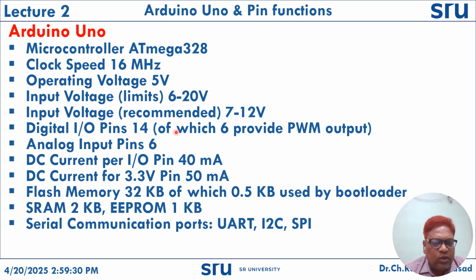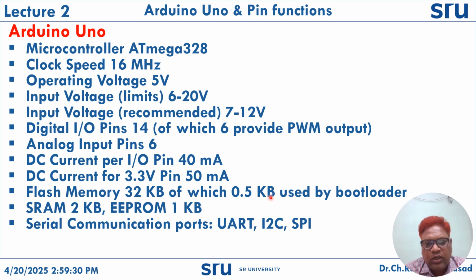The Arduino UNO has a flash memory of 32 kilobytes, of which 0.5 KB is used by the bootloader for the startup program. In addition to this flash memory, it also has SRAM of 2 kilobytes, EEPROM of 1 kilobyte, and 3 serial communication ports.